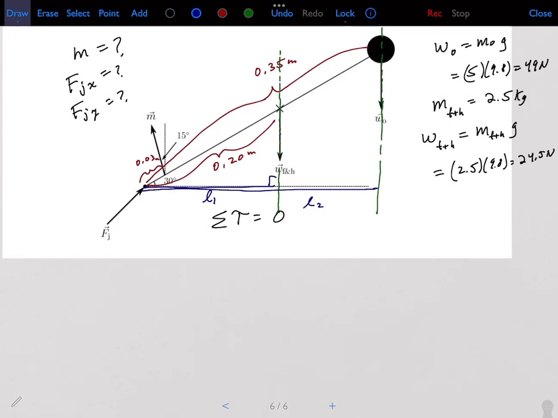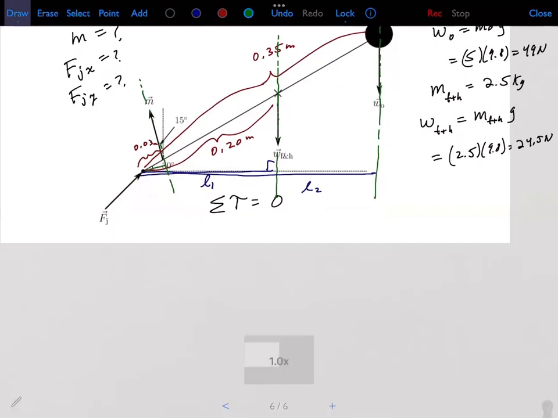And then the muscle force, this is the line of action of the muscle, so the moment arm is going to be this distance, the one that's perpendicular to it. That's a little tricky to figure out, so we're going to have to draw these separately. Let me start with the weight of the forearm and hand first.